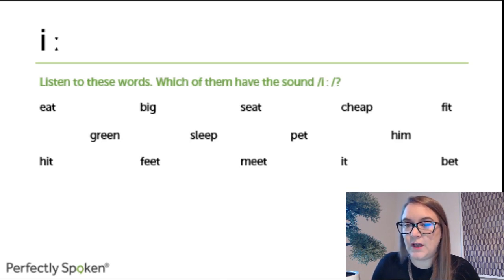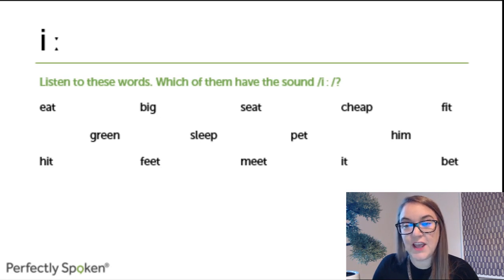Listen to these words. Which of them have the sound E? So remember, listen, don't look at the spelling. Eat, big, seat, cheap, fit, green, sleep, pet, him, hit, feet, meet, it, and bet.